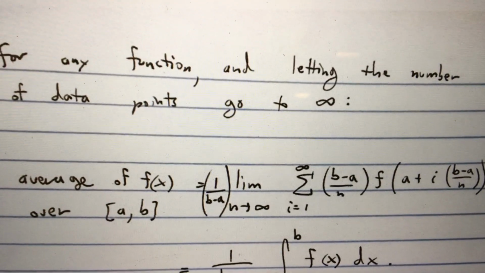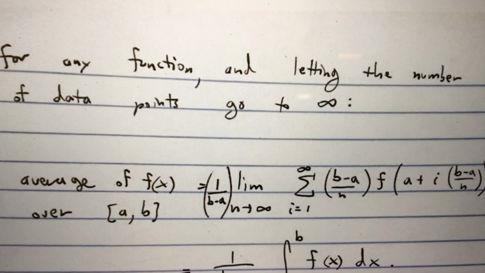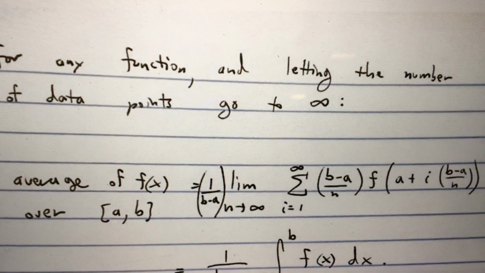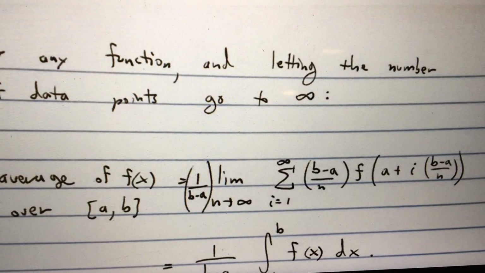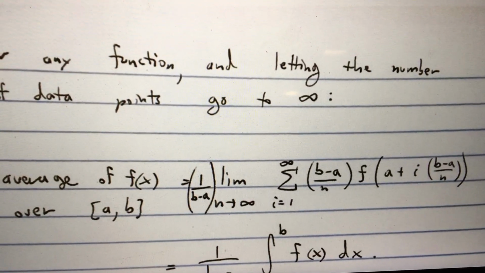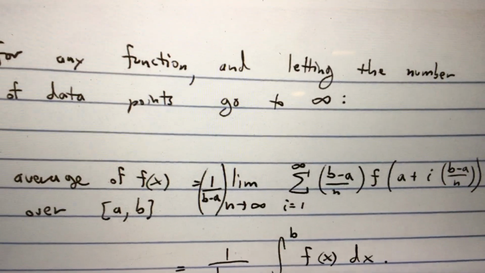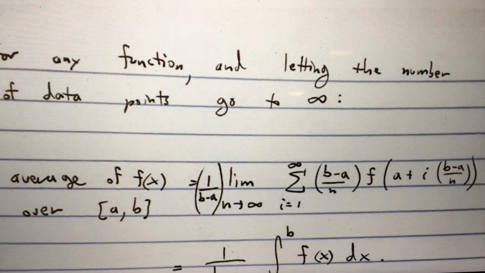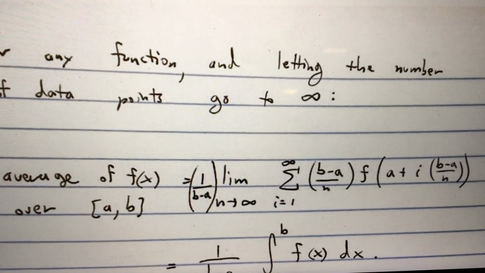So I do pull out the 1 over b minus a, that's the total distance or time or whatever you're measuring. I can pull it out front of the limit. And then the sum from i equals 1 to n. I have that b minus a over n, that's the change in x, depending on how large n gets, the number of data points. And then the function, I used temperature before, but in general any function f of a plus i times b minus a over n.